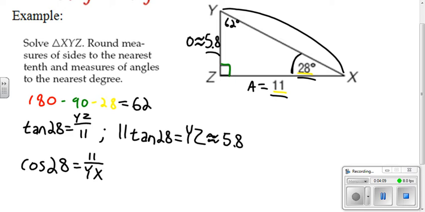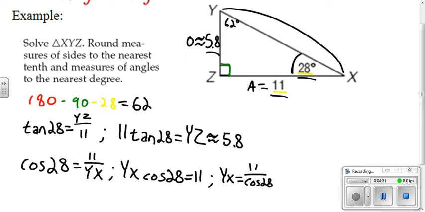So to get YX alone, we can multiply YX by both sides. So YX times cosine 28 equals 11, and then divide by the cosine 28. So we'd be left with YX equals 11 over cosine 28.